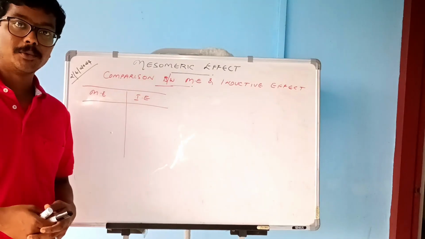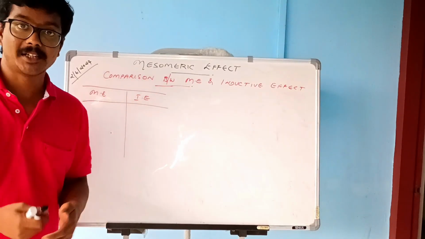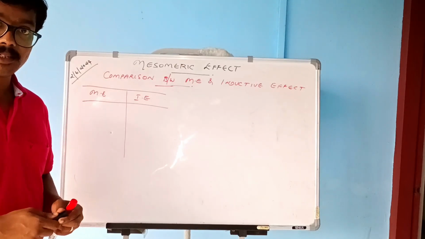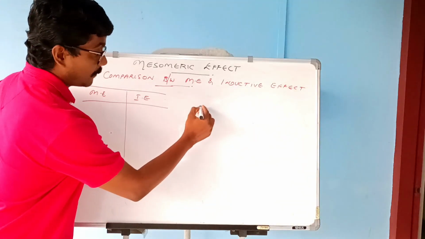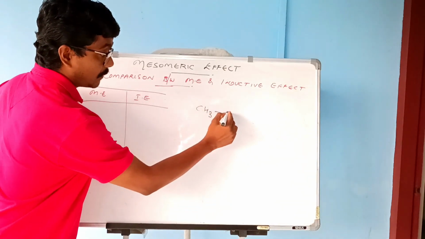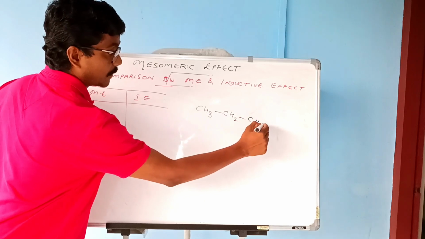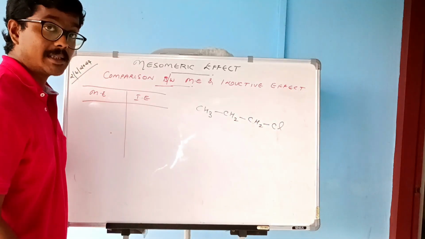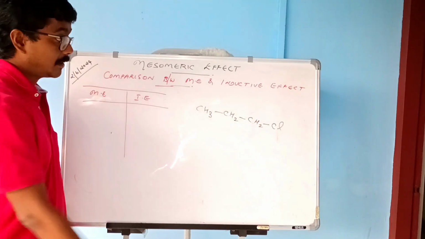Now we are moving to discuss a comparison between mesomeric effect and inductive effect. As you all know, we have already discussed inductive effect in detail in my class. When an electronegative atom, say chlorine, is attached to an aliphatic chain, what will happen?